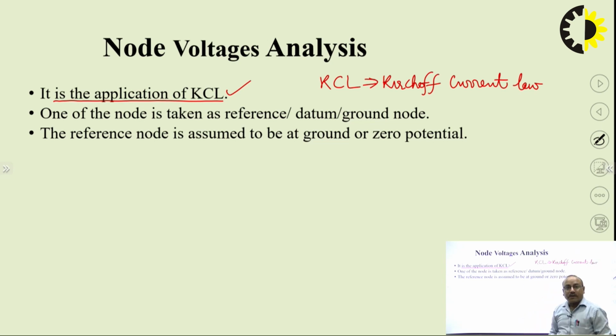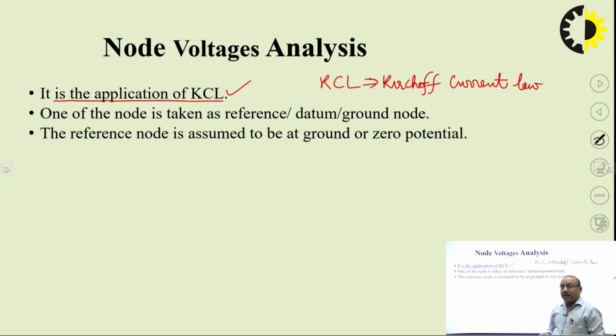So this node voltage analysis is basically the application of Kirchhoff's current law in a circuit, and that is applied on a node, which is also known as a junction point.